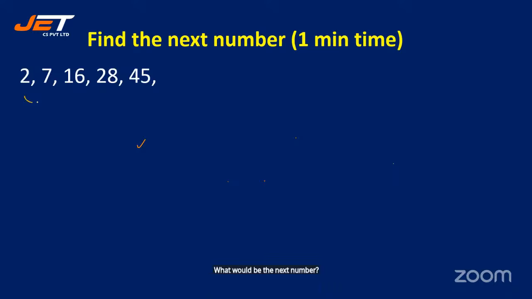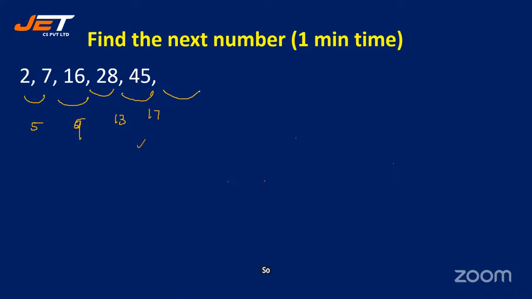Why don't you try this? 7 minus 2 is 5. 16 minus 7 is 9, isn't it? All right. So 28 minus 16 will give you 12. Likewise, 45 minus 28 will give you 17.